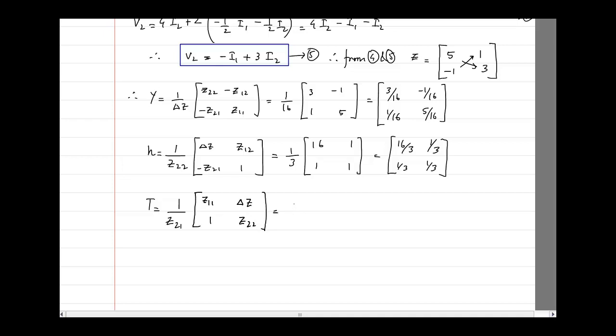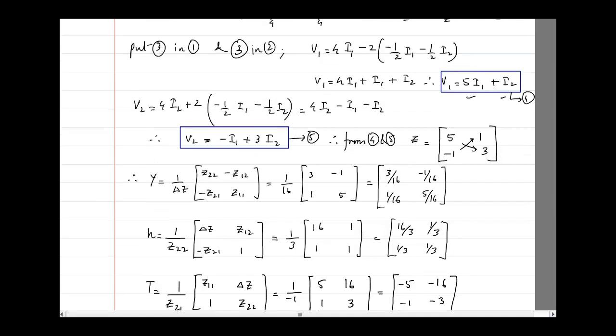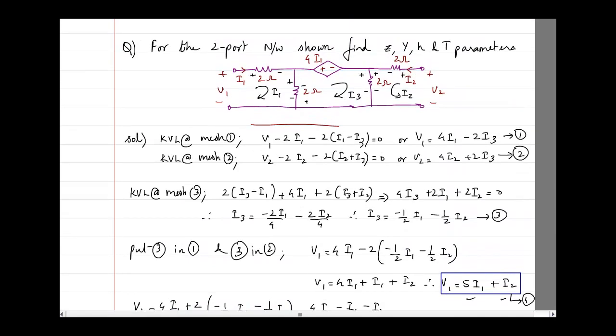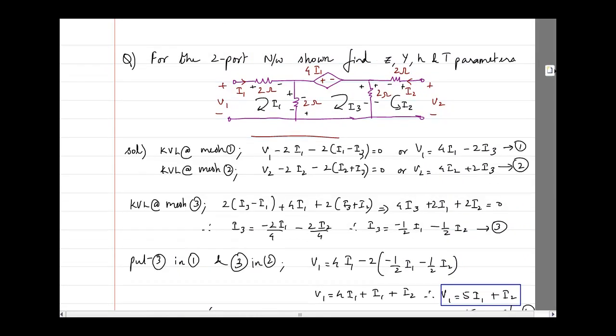Therefore z21 is minus 1, and within bracket it is going to be 5, 3, delta z is 16, and 1, which can be written as minus 5, minus 1, minus 16 and minus 3. So I have got all the parameters by solving only the z parameter.